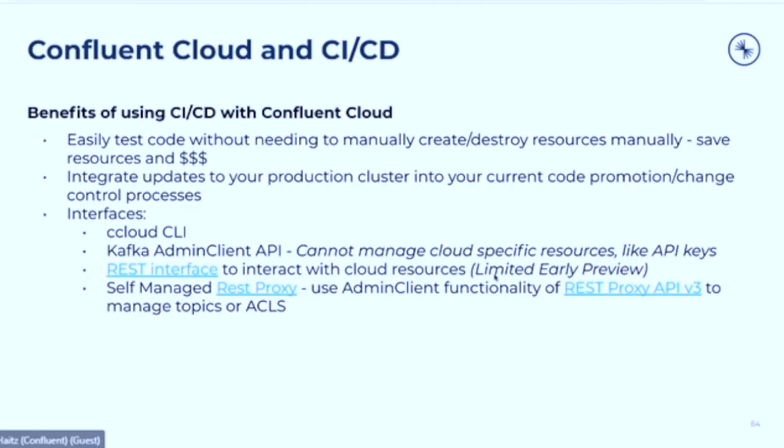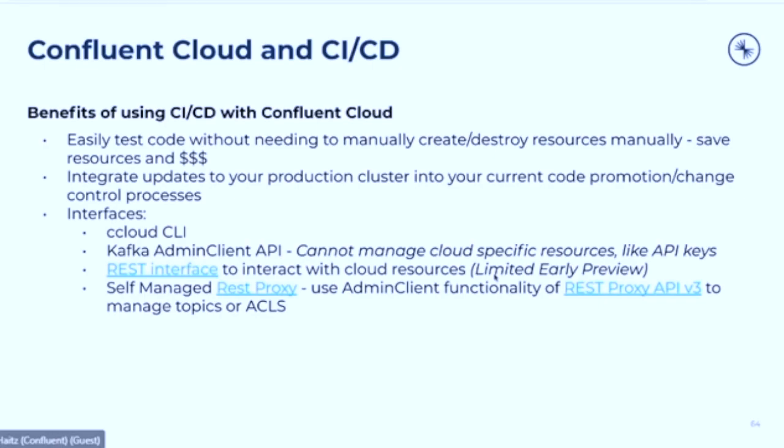If you think about the Kafka-specific resources, a topic for example, you can of course utilize the standard Kafka tooling, such as the standard Kafka CLI tools, as well as the Kafka admin client, which then talks to the individual clusters. Of course, if you use that route for the automation, that tooling is not able to create a cluster, for example.